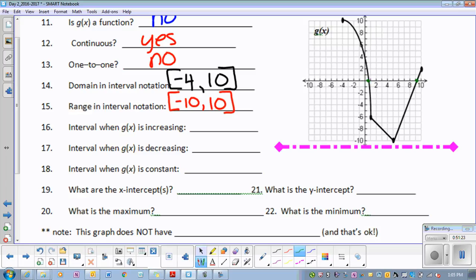A little shy of 1, so we could say about 0.8. So 0.8, comma 0. What would the other one be, approximately? 9.2?